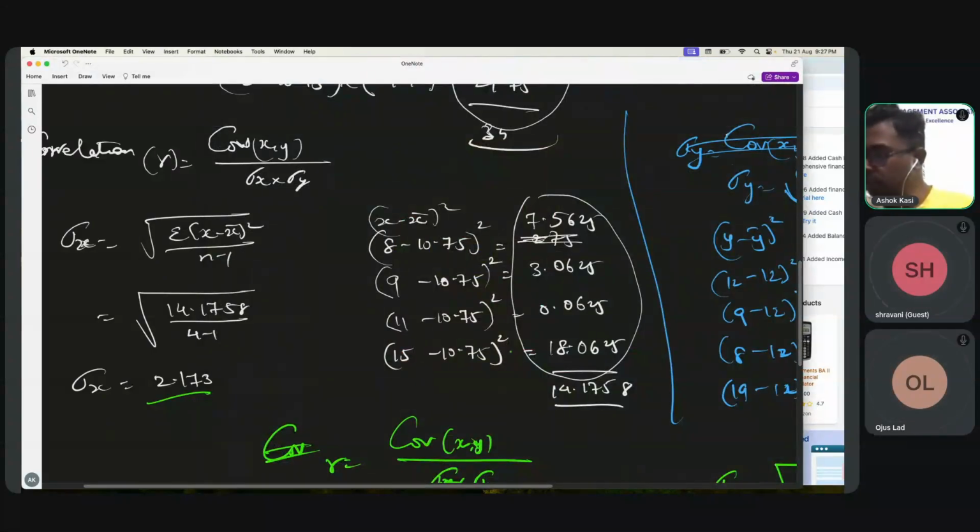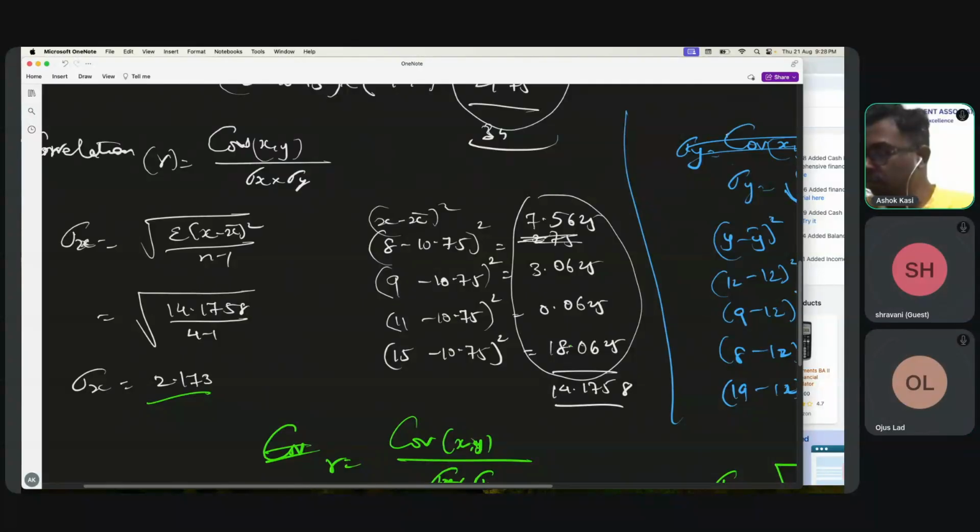X minus X bar. Just calculate this once again. If we take 14 divided by 3, it will be something like 4 point something, so its square root has to be somewhere around 2 point something. If it has to come around 3, then that should cross 9, right?